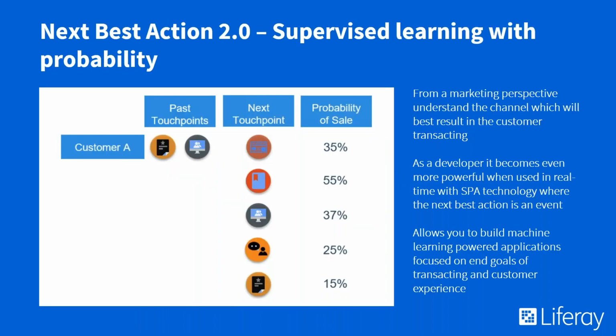So we call this, or I call this, for want of a better word, next best action 2.0. Next best action has been around for a while. It used to work on a decision tree basis.